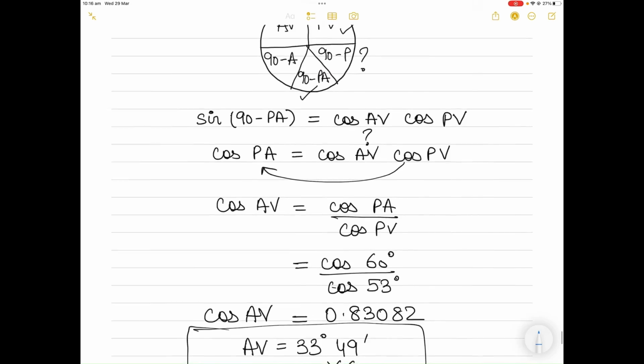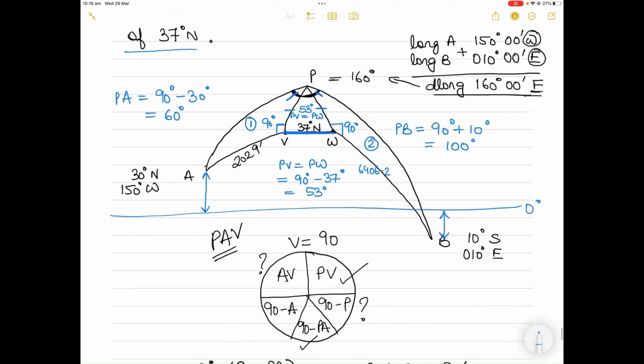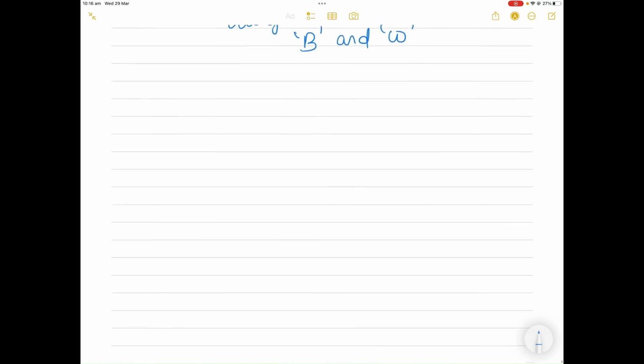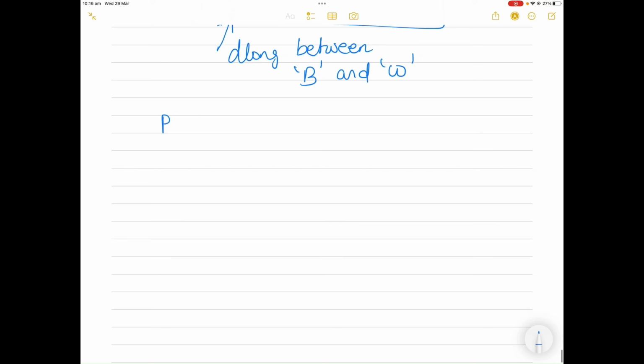Alright, now if I go back here, I have found out P1 and I have found out P2, and I know the total angle P was 160 degrees. So how can I find out P3? P3 is the D long between the vertex V and the vertex W. So what I will do is, P equals P1 plus P2 plus P3.